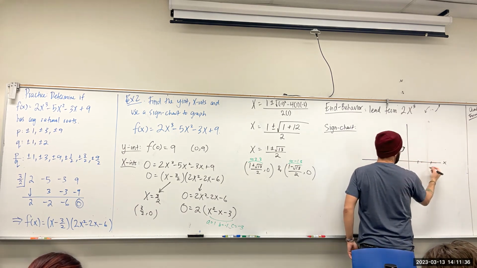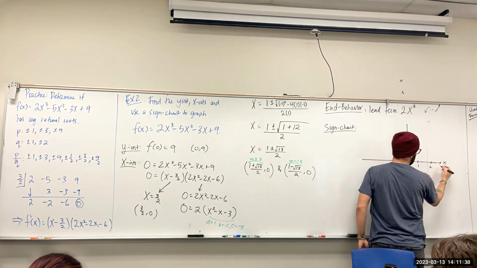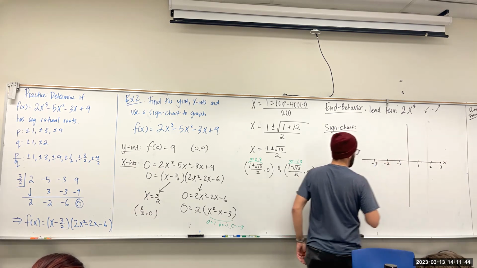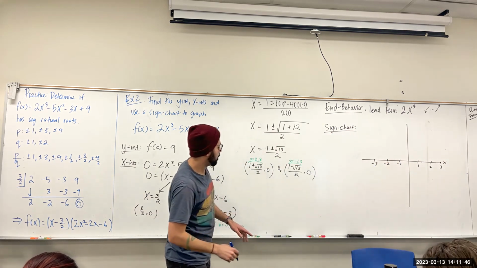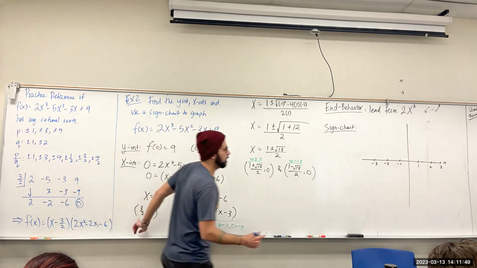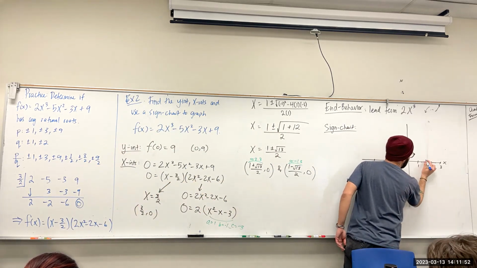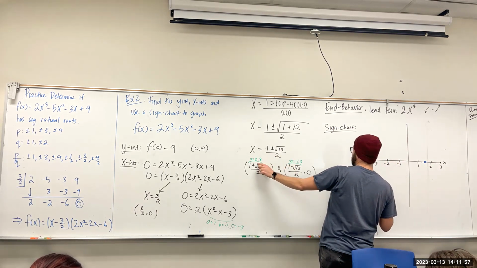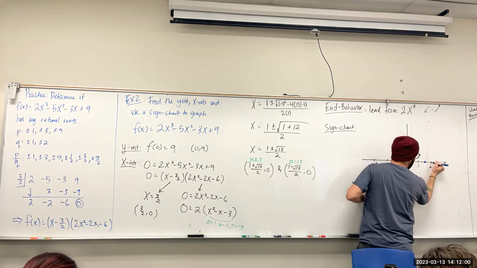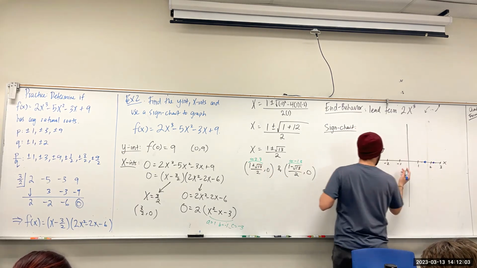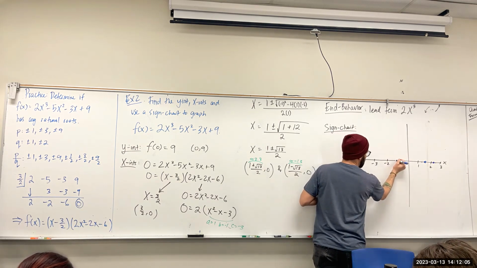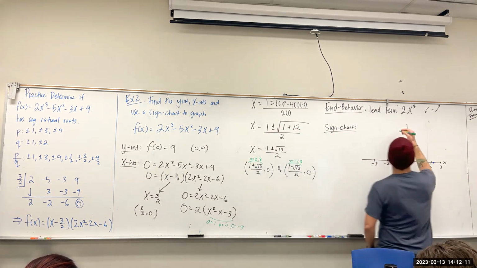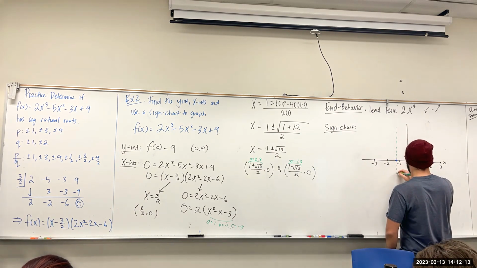So we got 1, 2, 3, -1, -2, -3. And then we have to approximate. Let's do positive 1.5. So we know it's going to go right here. Positive 2.3 is about right here. And then negative 1.3 is about right here. And so then remember, we're going to partition this.